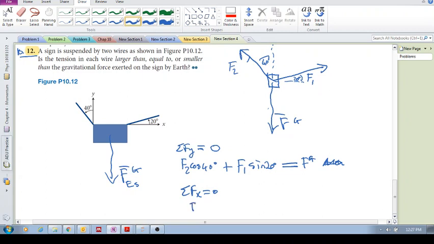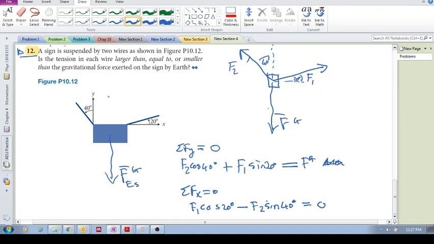So we've got F1. What is this component? F1 cos 20 minus F2 sine 40 equals what? Equals 0. There's no acceleration in the x direction.